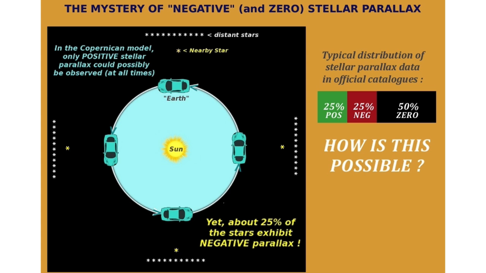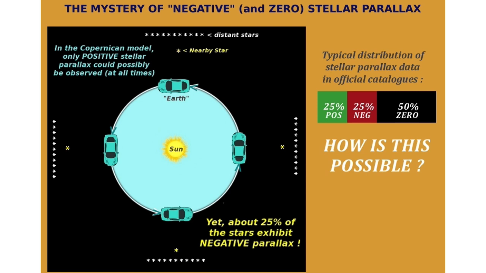In your right-hand window, you will always have night sky, and you'll always see the stars, and in the left-hand window, you will always see the sun. So that's another way of conceptualizing it. In your right-hand window, you would always see a nearby star moving in a positive parallax.